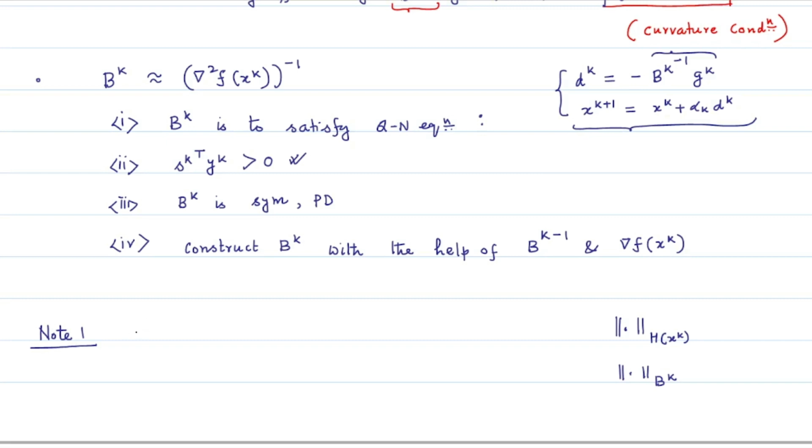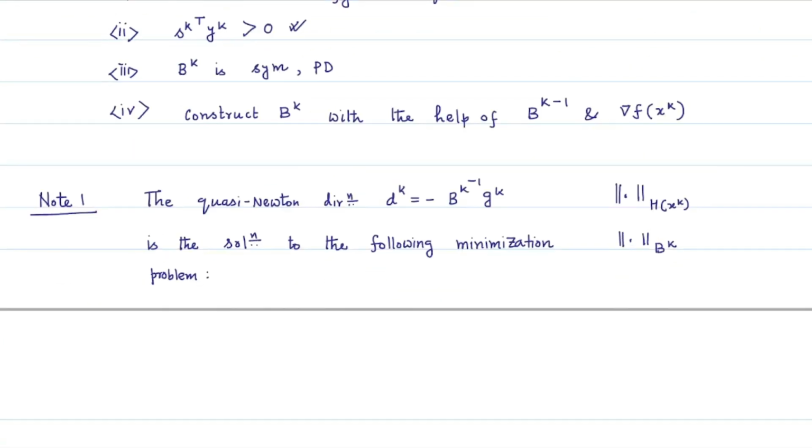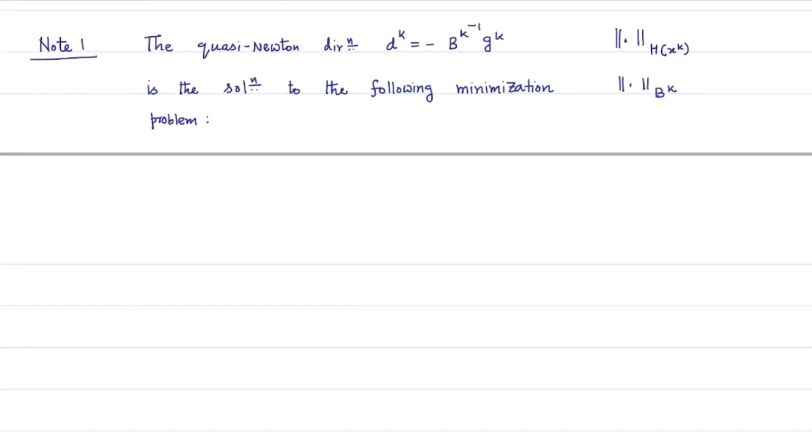In fact, the quasi-Newton direction dk, equal to minus Bk inverse gk, is the solution to the following minimization problem. The minimization problem is similar to the minimization problem for the direction of steepest descent.